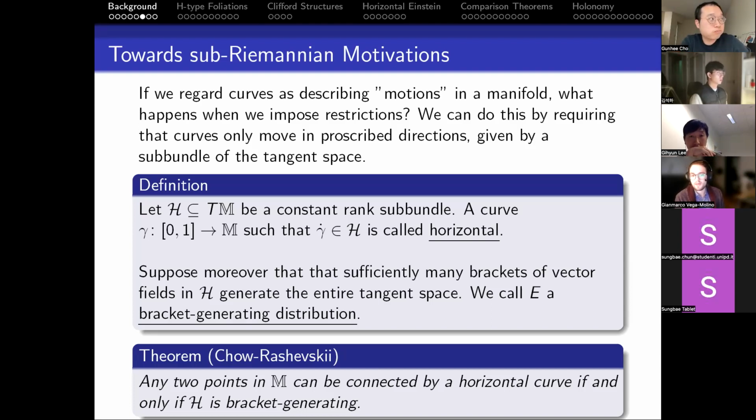And the way to do that is that at every point you pick a subbundle of the tangent space, which I denote H. It's called horizontal. It's often represented with the letter E too, for whatever reason. And we call a curve such that its velocity vectors are also always in this bundle a horizontal curve.